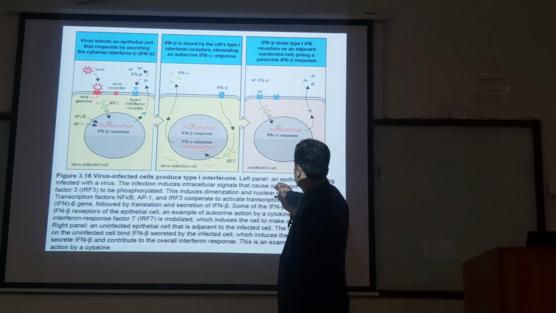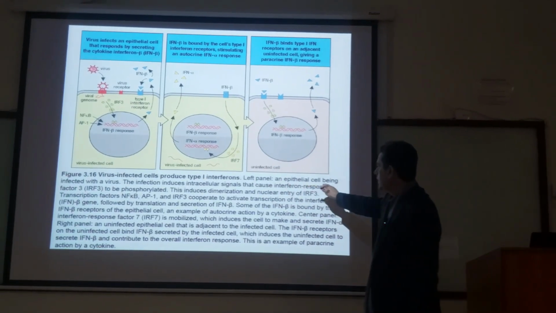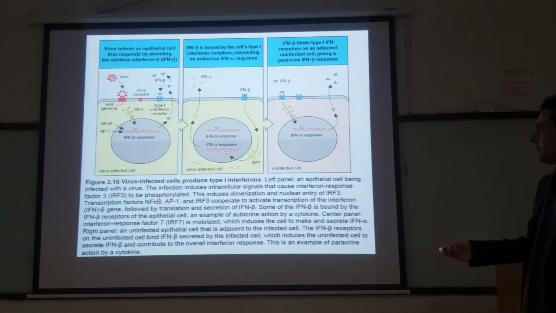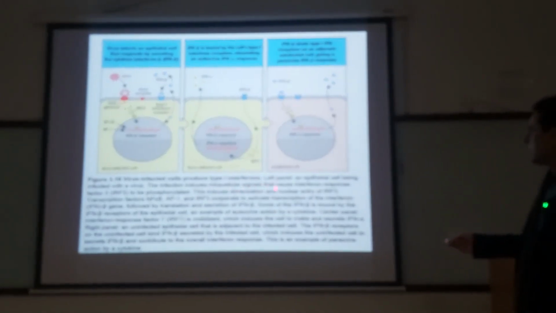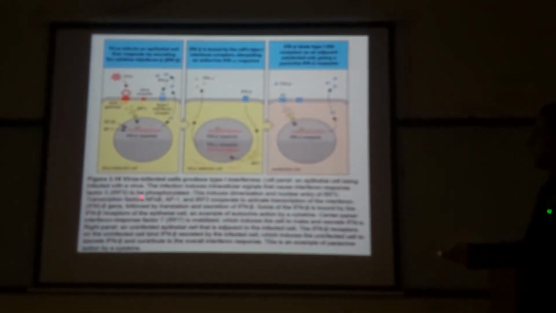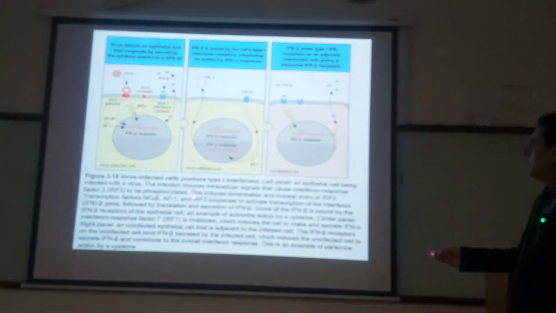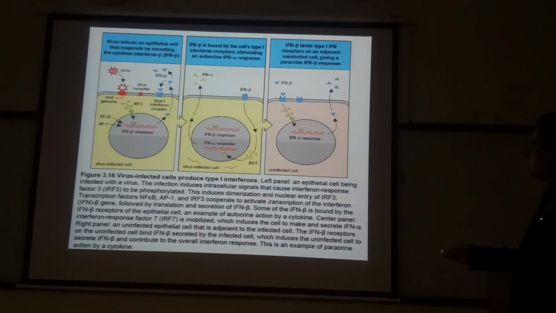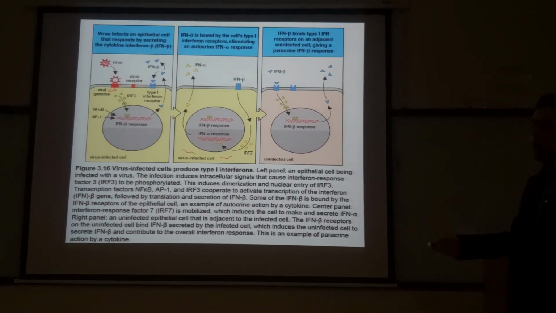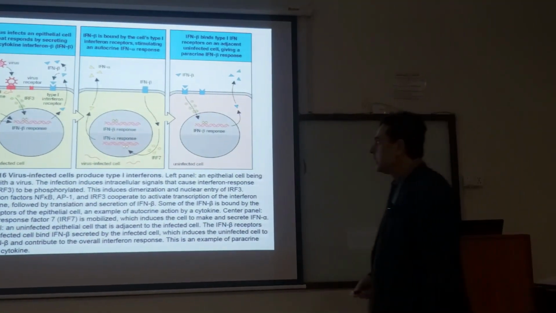So on the left panel, you can see the epithelial cell being infected with the virus, and the infection induces intracellular signals that cause interferon response factor 3 to be phosphorylated. Okay, and this induces dimerization and nuclear entry of interferon response factor 3.